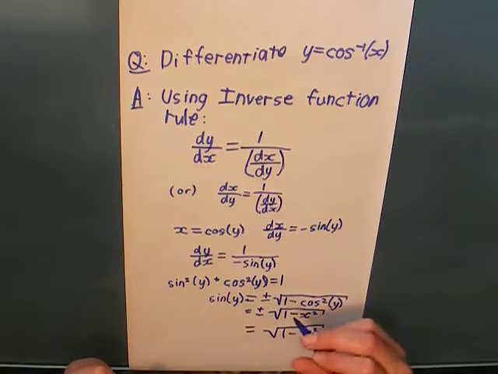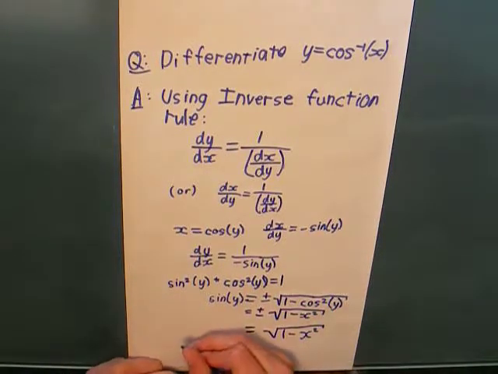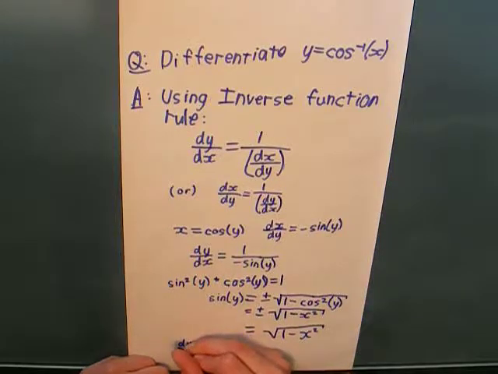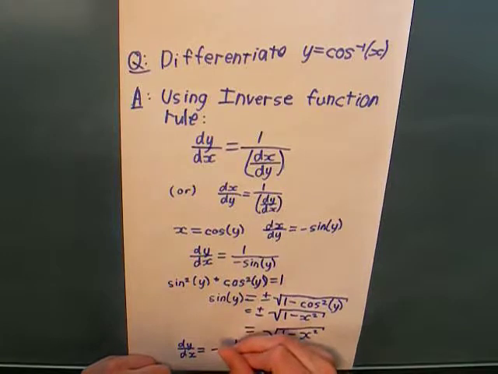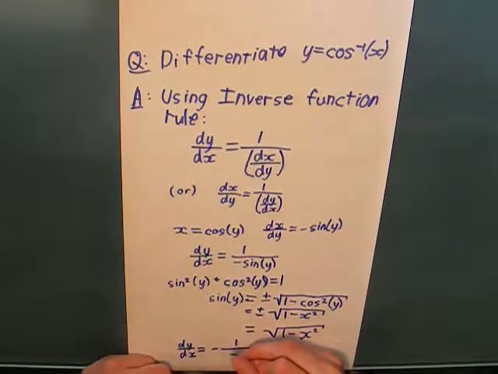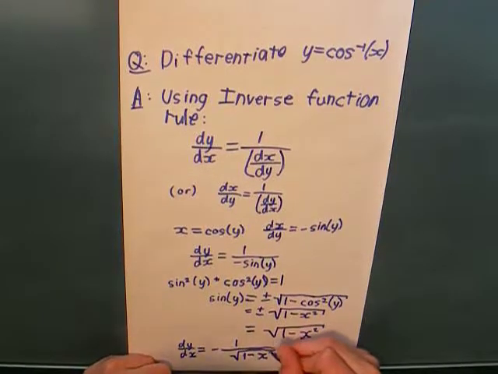So you've got dy over dx. I might just have enough room to squeeze this on to the bottom. Equals minus 1 over root 1 minus x squared.